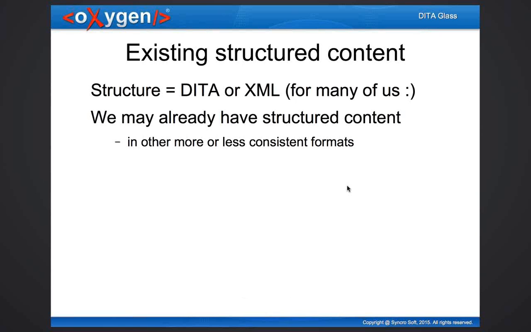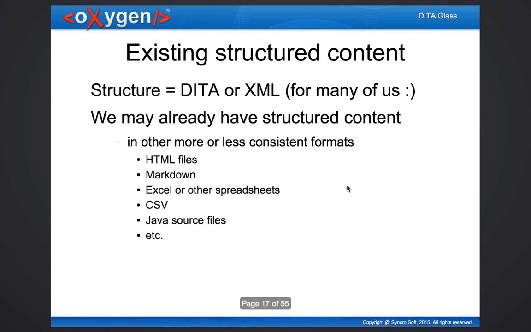They may be more or less consistent, but we can have HTML files, Markdown, Excel or other spreadsheets, comma-separated values or tab-separated values, and so on. Then we can have programming files, like source files for C or Java and so on.